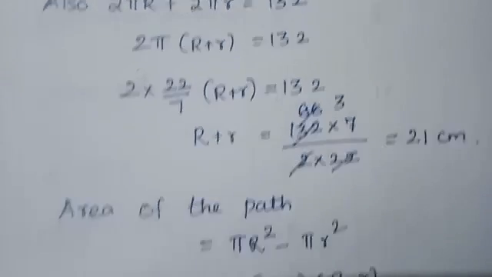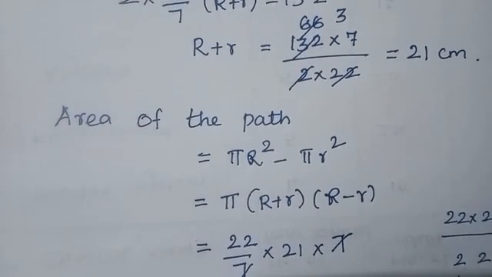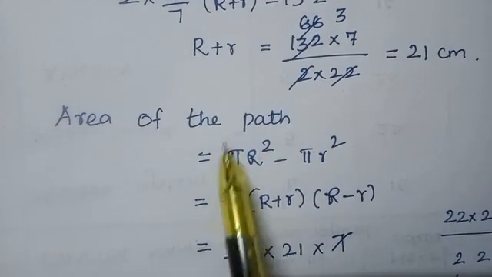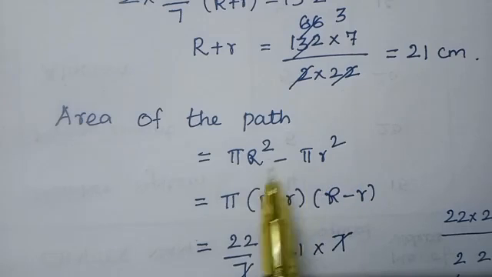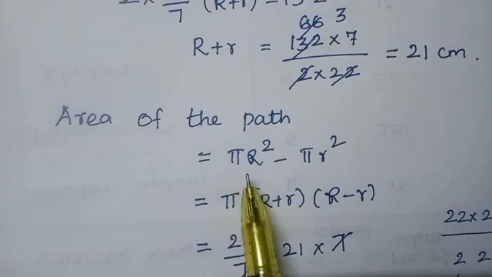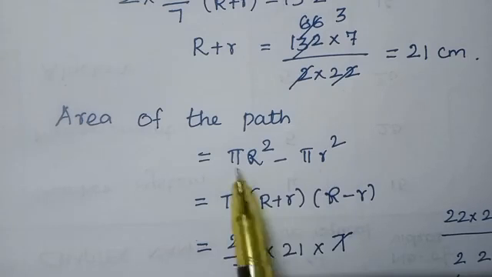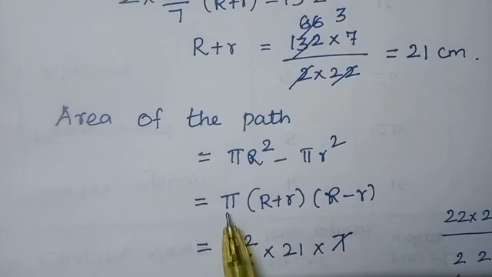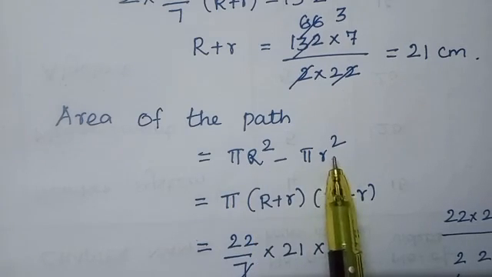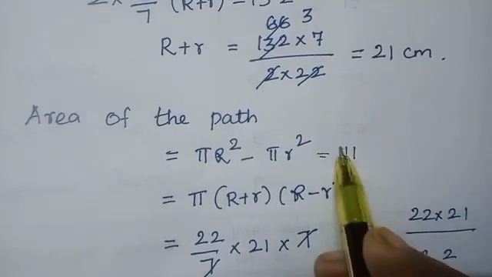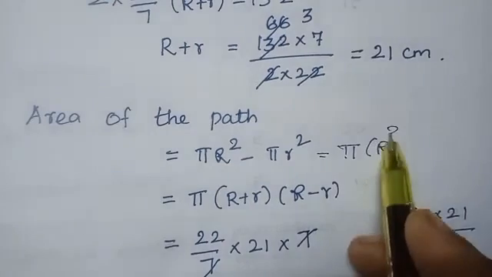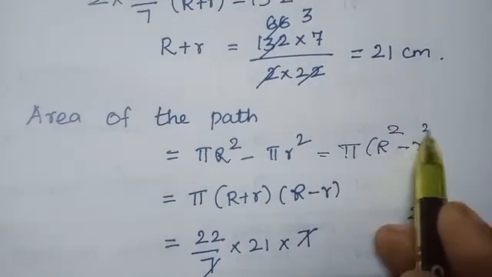Next, area of the path. That means area of the outer circle minus area of the inner circle. Area of the circle formula is pi r square. From this we can take pi outside. So pi into capital R square minus small r square.